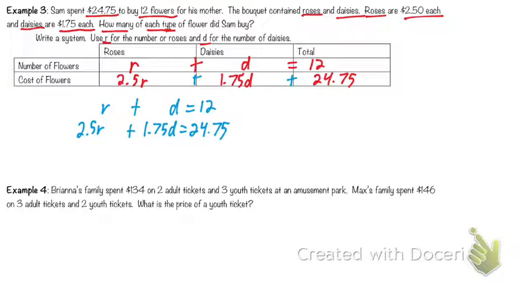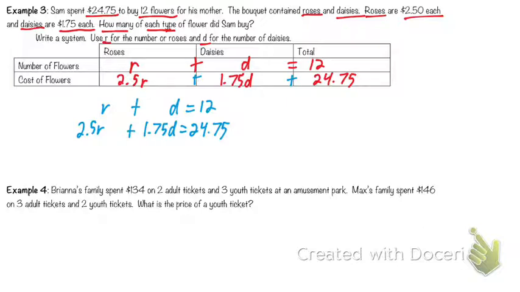So I want to quickly talk about why we got these things, okay? Why it worked out this way. So in the first equation, we keep all the kind of labels together. Number of flowers plus the number of flowers equals the total number of flowers. Quantity, quantity, quantity. How many? In this bottom equation, cost plus the cost equals the cost.